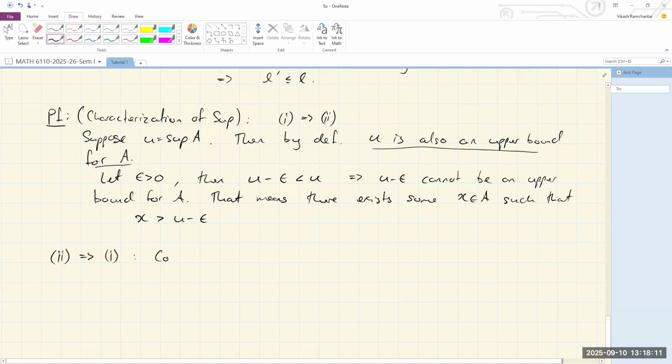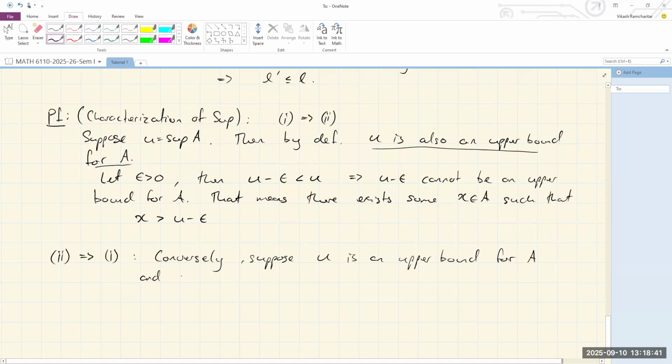Conversely, suppose that U is an upper bound for A. I'm assuming condition 2 is true, the condition with epsilon.